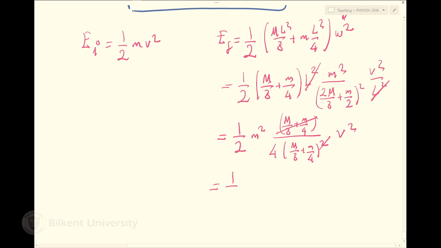So this is 1/2. Let me write it in a different way. m v squared times m divided by m plus 4/3 of capital M.